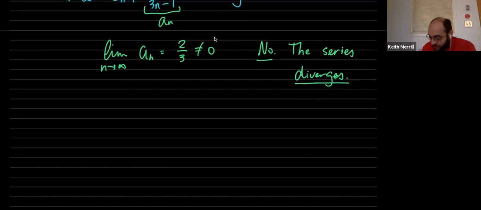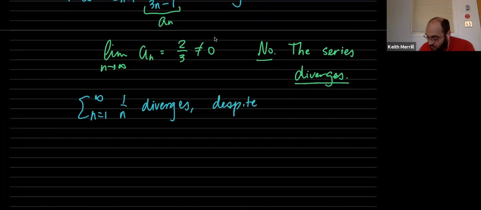So a good example to keep in mind is the harmonic series, 1 over n. This series diverges despite, that's the key word here, despite the fact that the limit as n goes to infinity of 1 over n does equal 0. So you cannot flip this around.